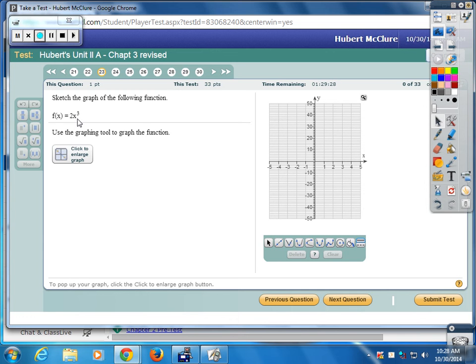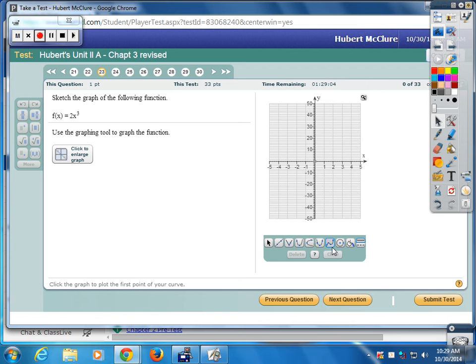Two x to the third. Well, a 2x to the third, you find it down here, is a 3-point quadratic tool or 4-point cubic. There's your cubic right there. That's fine. You can do that.